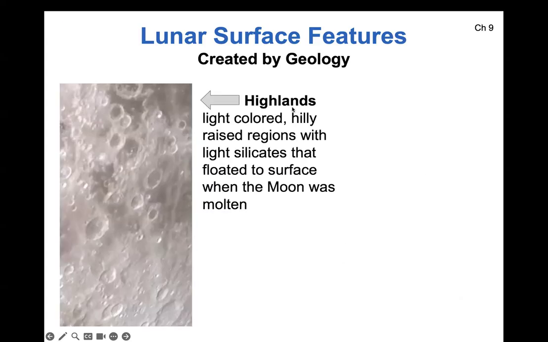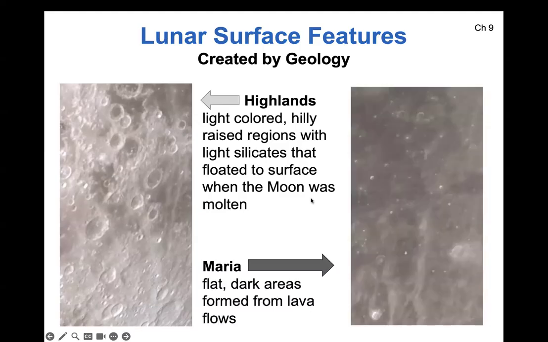All right. So the highlands are light colored, hilly raised regions with light silicates. They floated to the surface when the moon was molten and undergoing differentiation. The Maria, on the other hand, are flat, dark areas formed from lava flows, where lava broke through later in the moon's history and filled in large regions.